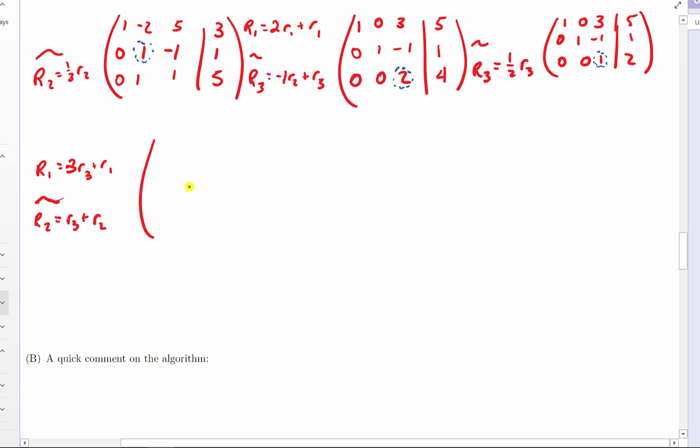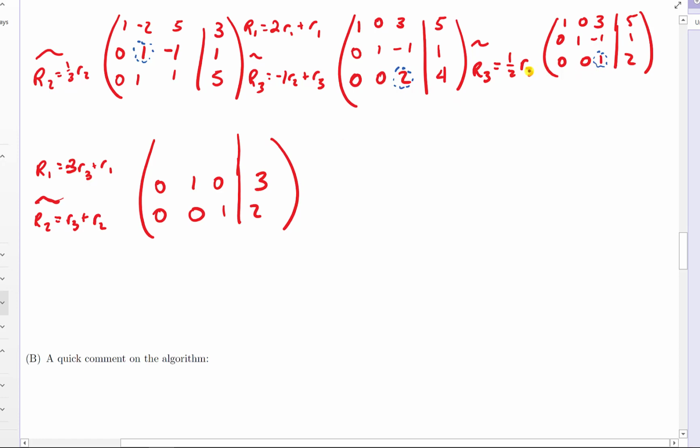So let's see here. I'll go ahead and copy across the bottom row, the pivot row, 0, 0, 1, 2. Now I'm simply adding my row 3 and row 2 together, so that gives us 0, 1, 0, and then 2, and that gives us 3.